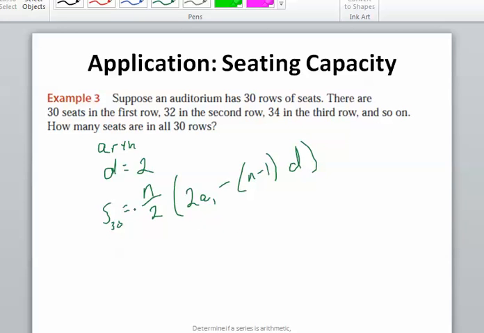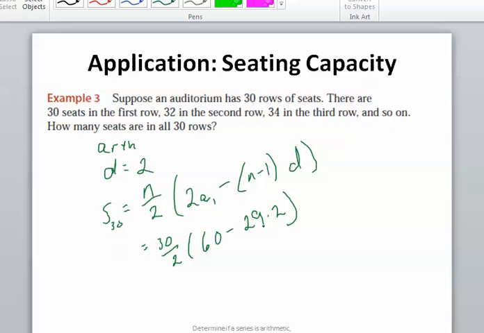Okay? So we can plug values in for all of these. 30 over 2 times, well, a sub 1 is 30, so that number there is 60, minus 29 times 2.